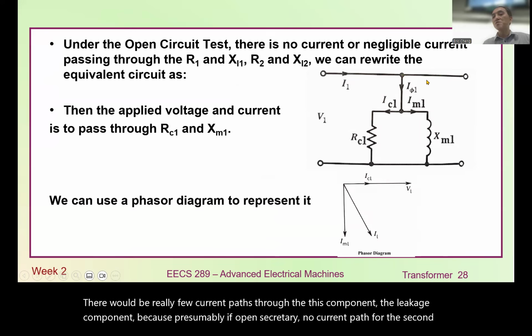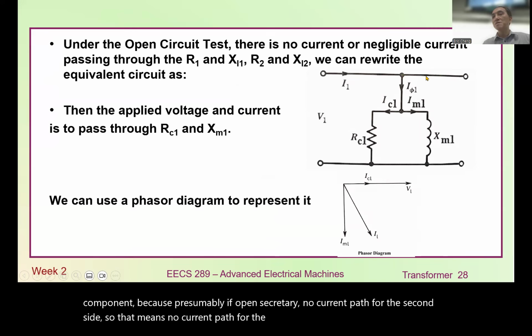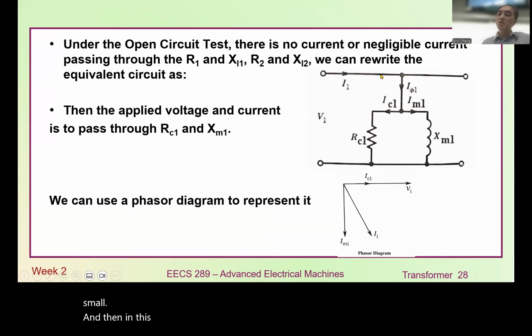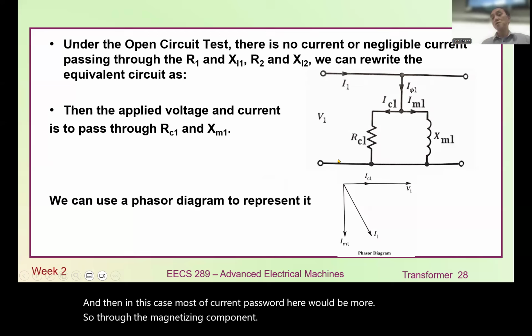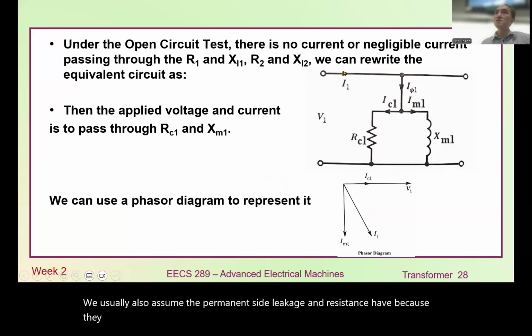So this current must be really small, and most of the current will flow through the magnetizing component. We usually also assume that the primary side leakage and resistance, because very little current passes through, have a negligible voltage drop.